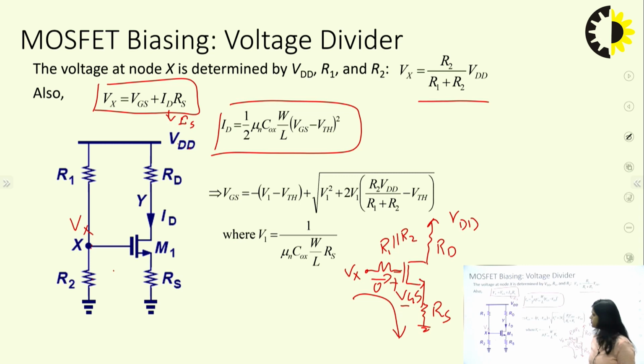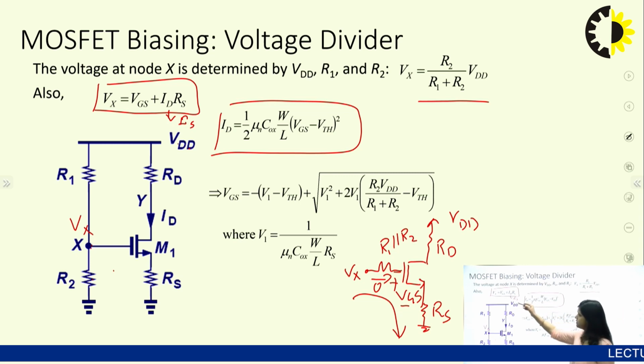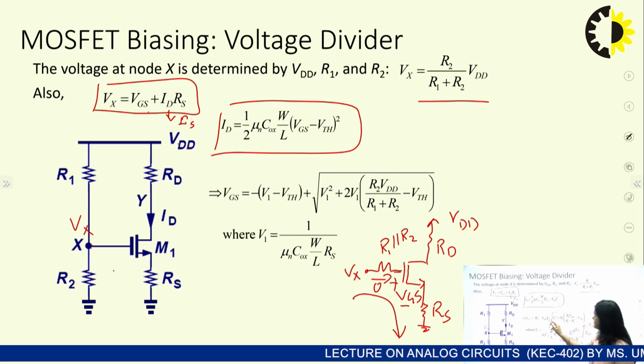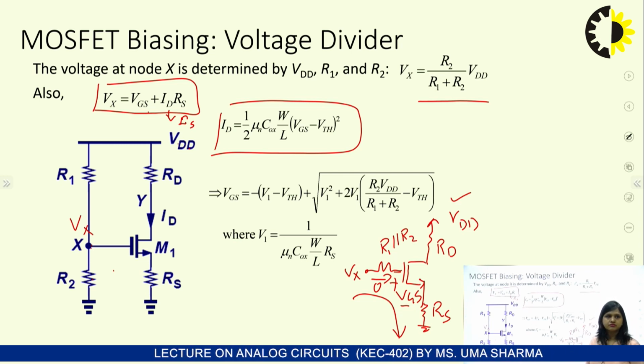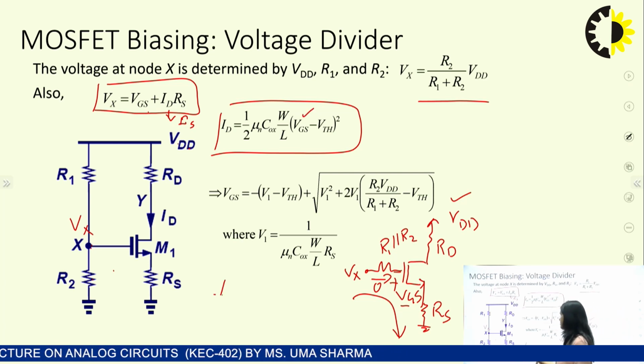So from here, you can write the value of VGS in this expression for Vx, calculate the value of VGS, and then just by putting the value of VGS in this expression, you can calculate the value of ID.